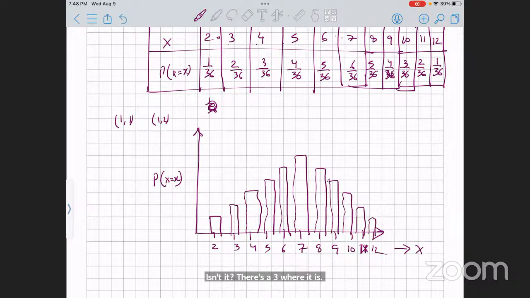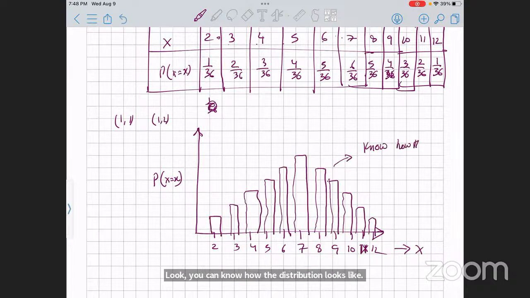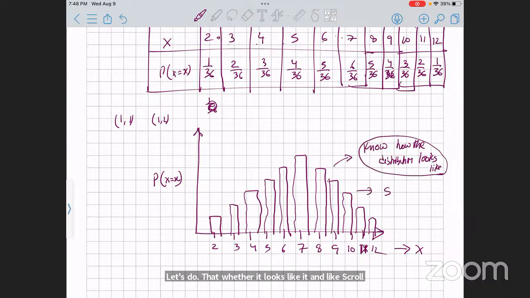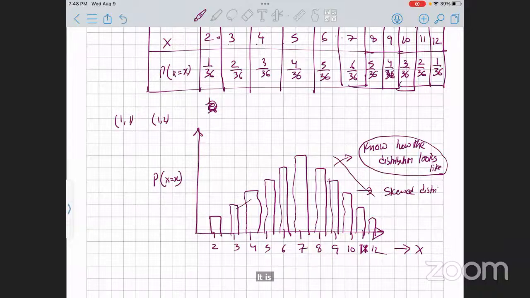Look, you can know how the distribution looks like, whether it is skewed, tending to one side, or it looks like a normal or symmetric distribution.